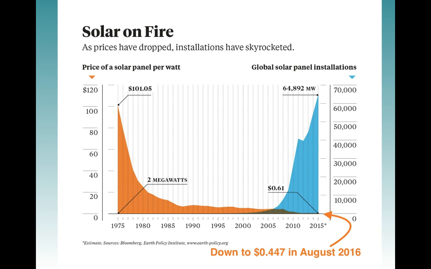The technology is expanding, and prices for installed solar have been plummeting. It's actually getting competitive with fossil fuels, things like coal. And that's why we're seeing a drop in demand for coal and an increase in installed solar.